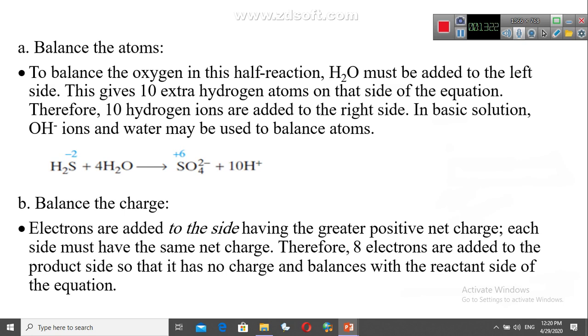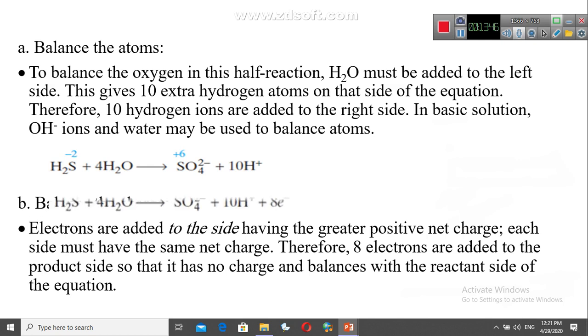On the right side we must write 8 electrons. Why? Because the sulfur goes from negative 2 to positive 6, so 8 electrons are transferred.